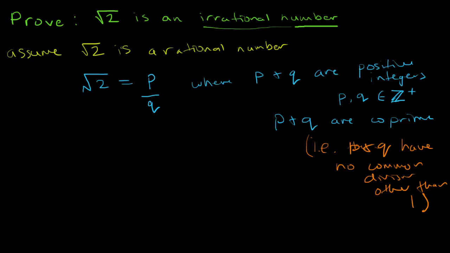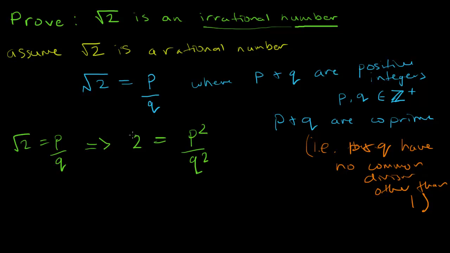Now, the first step in our proof is going to be, well, all we're going to do actually is a little bit of algebra first. So if root 2 equals p over q, then if I square both sides, that would imply that 2 equals p squared over q squared, because all I did was square both sides.